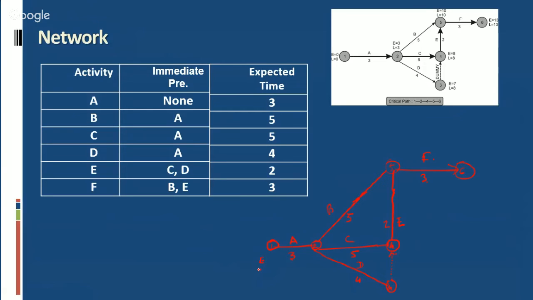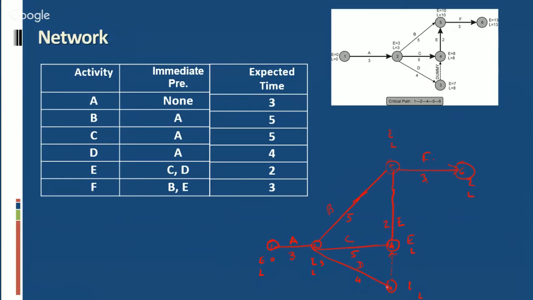Now we will compute E and L for each node. Starting with 0, here the value of E will be 3. 0 plus 3 is equal to 3.